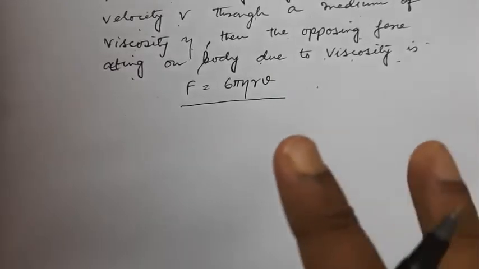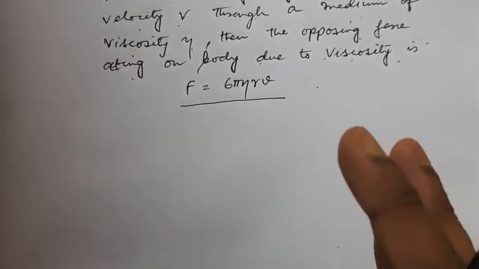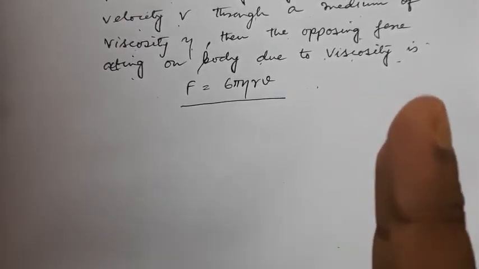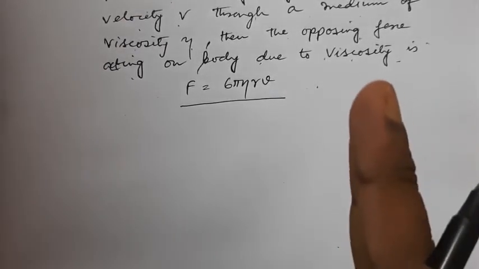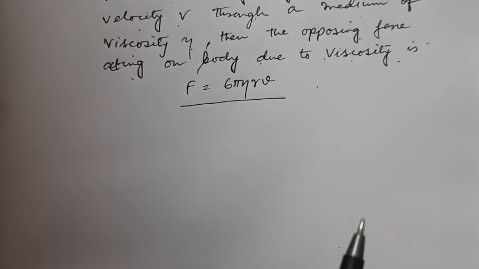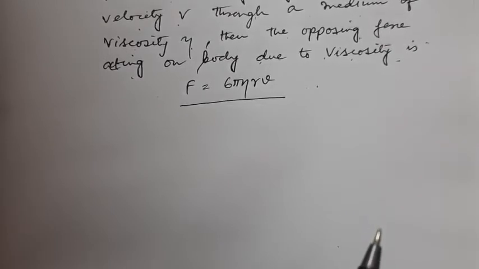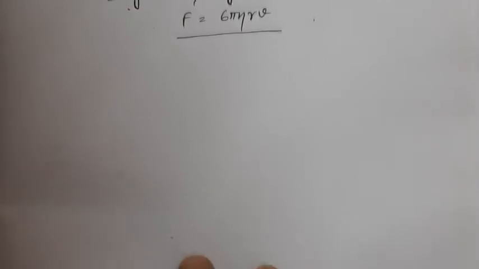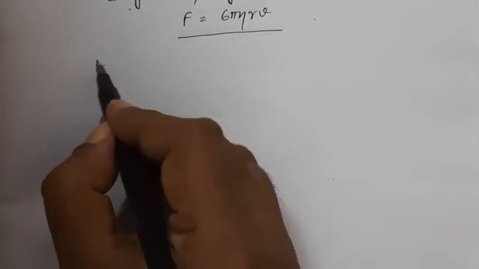Number 3: the sphere must not slip when falling through the medium. That means there must be frictional force. The fourth point: the fluid motion adjacent to the falling sphere must be streamlined. Fifth point: the sphere must be small in size, but it must be greater than the intermolecular distance of the medium.